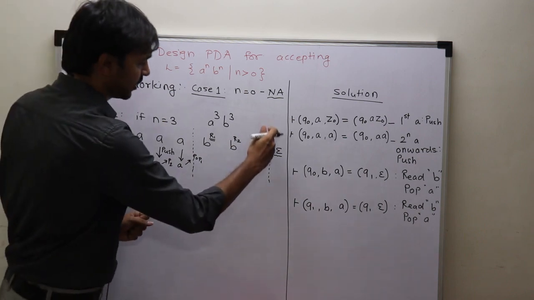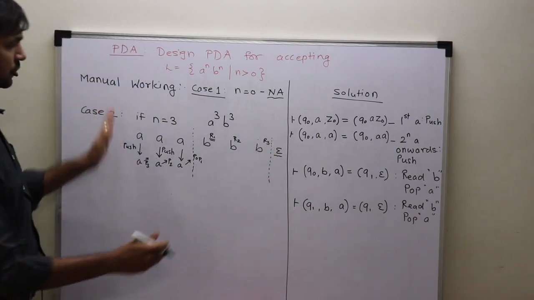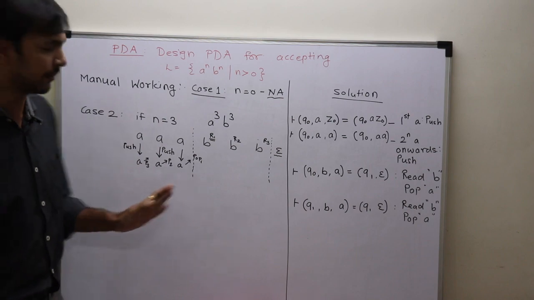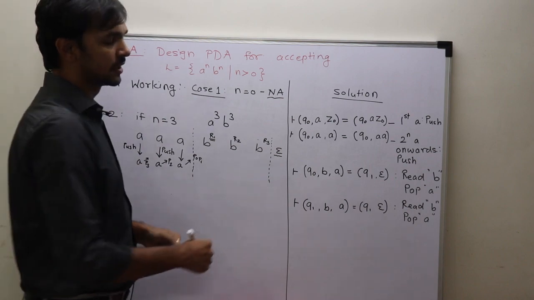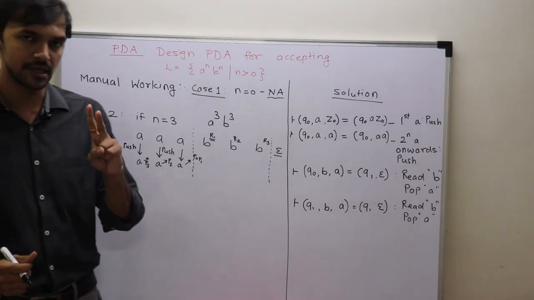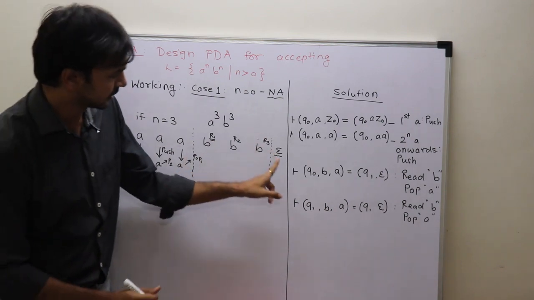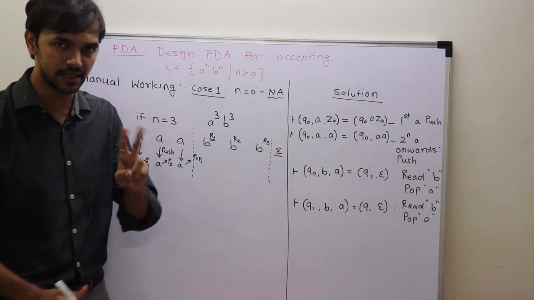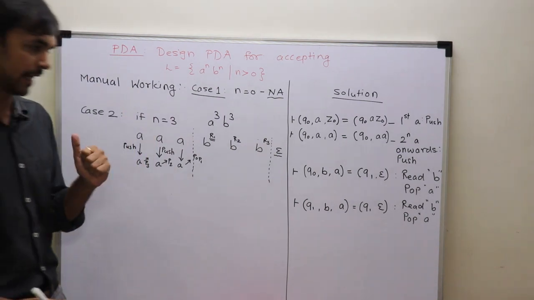So by the end of the string, the machine should understand that the stack should be empty. The machine will reach the final state only when two conditions are met. First, there is nothing to read, and second, the stack is empty.